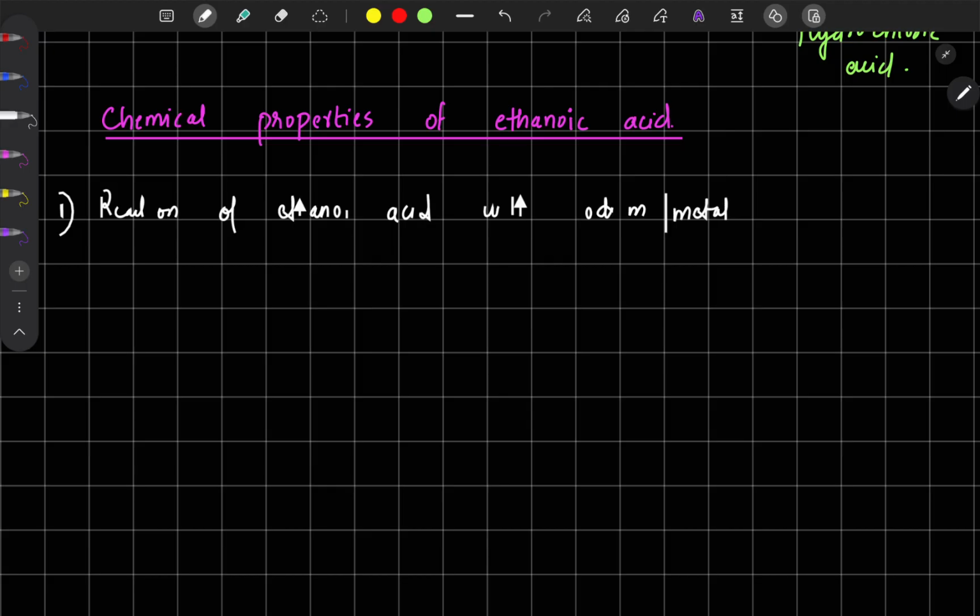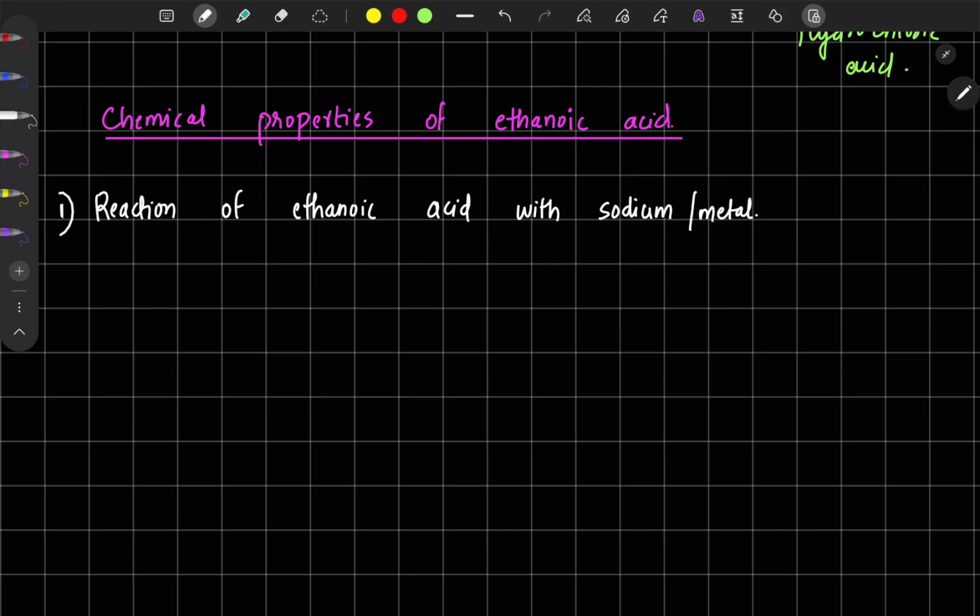Are you remembering the general reaction of acid plus metal that you have studied in the second chapter? Acid plus metal.